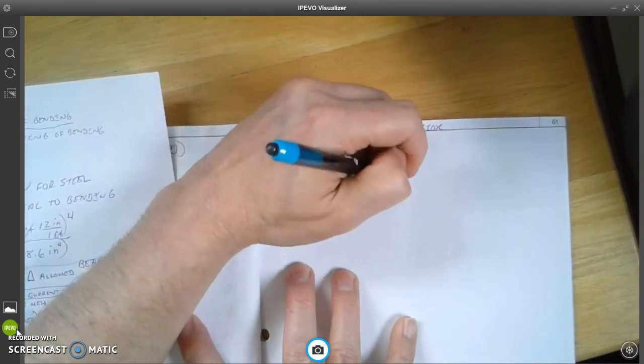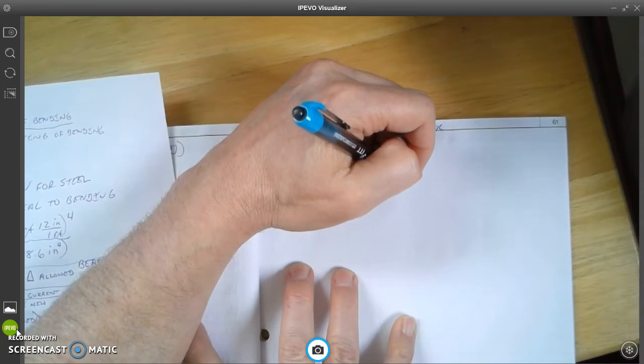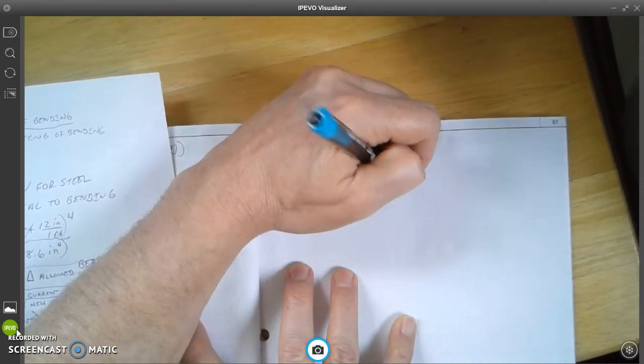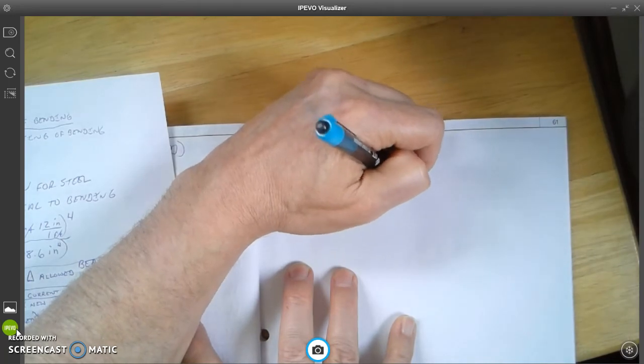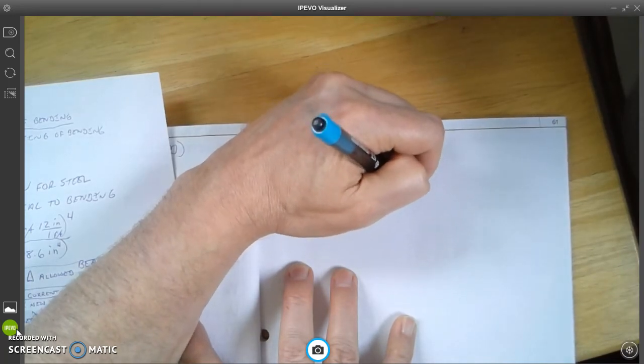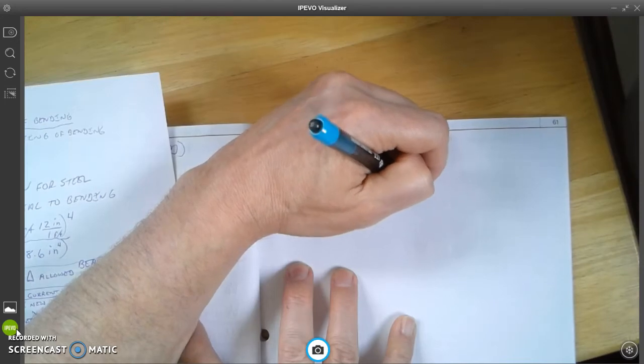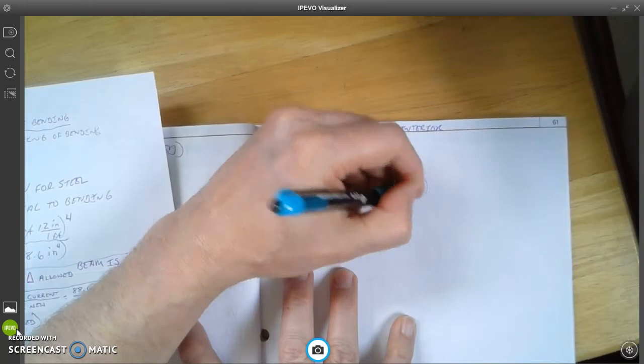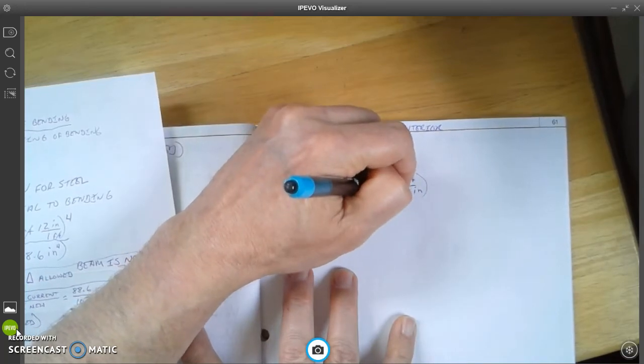And because this is in feet, we have to convert that to inches, which is going to be 1 foot over 12 inches. Actually, I probably shouldn't have put that right there. This is going to be a multiple.